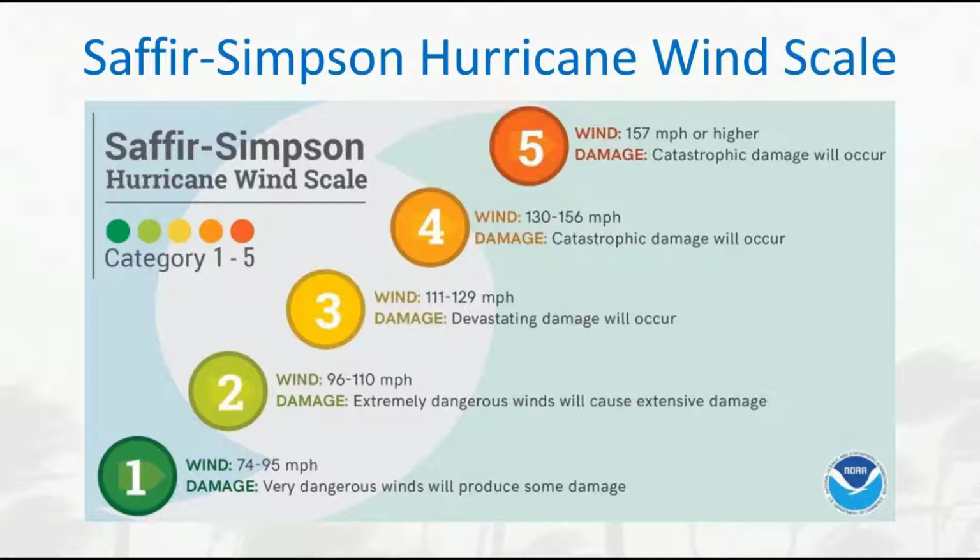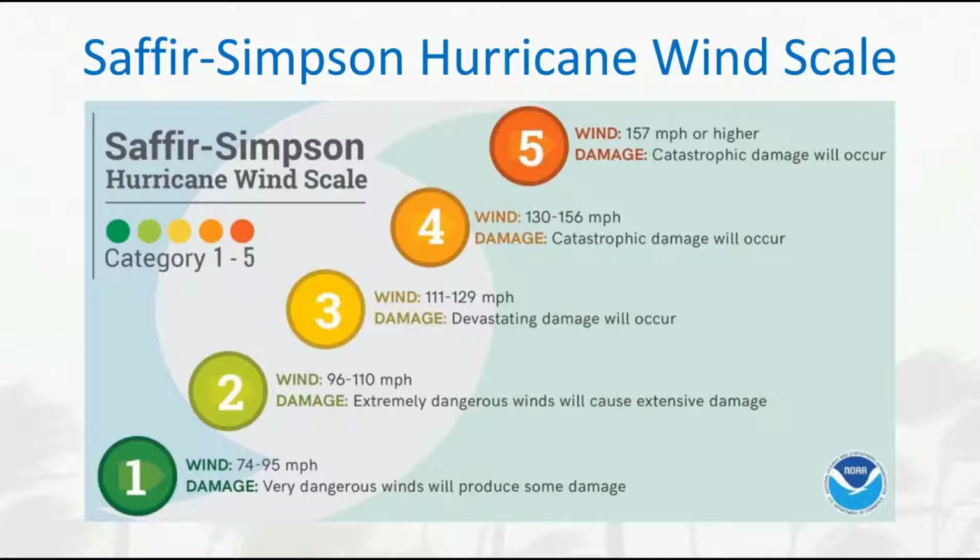A Category 2 hurricane has sustained winds of 96 to 110 miles per hour, which are extremely dangerous winds that will cause extensive damage. Winds between 111 and 129 miles per hour signify a Category 3 hurricane, which is when a hurricane is considered a major hurricane and can cause devastating damage.